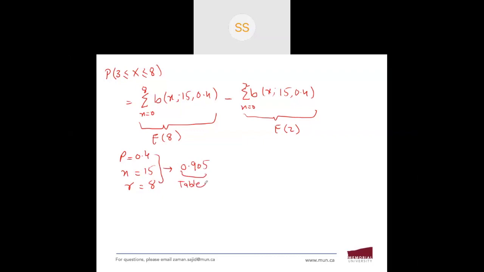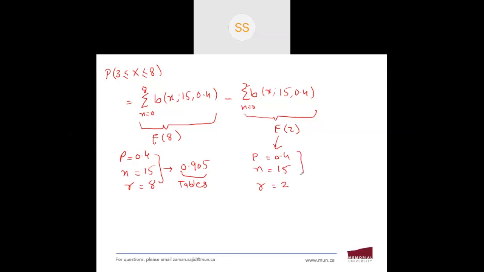Again, when you are watching this lecture on repeat, you can pause the video and find these values yourself. Now for this second part, I have my probability, which is 0.4, my n value, which is 15, and my r value, which is 2.